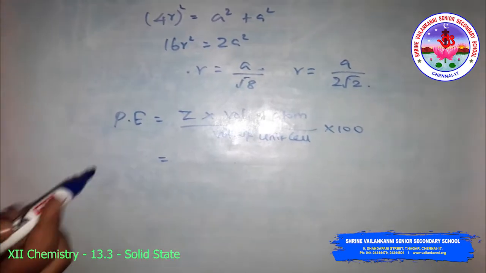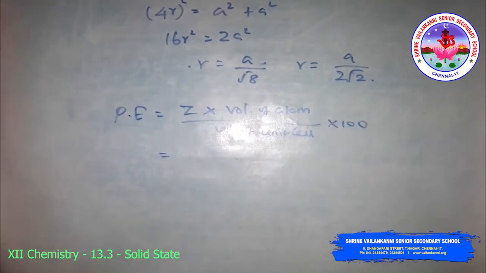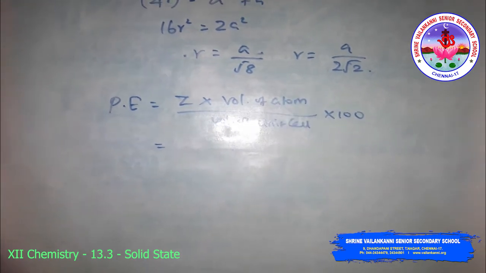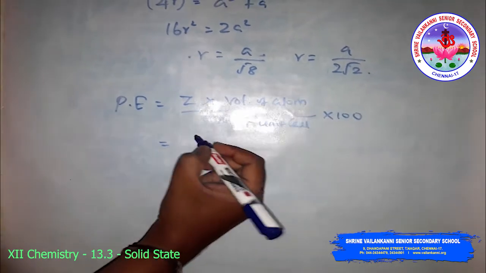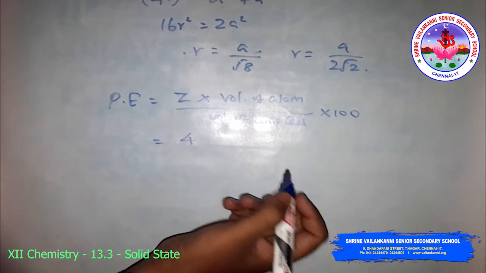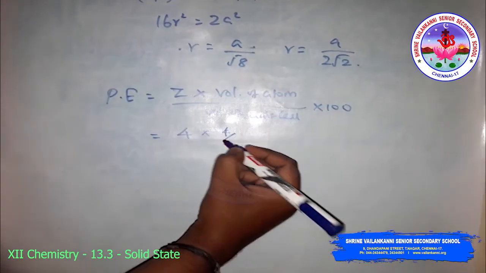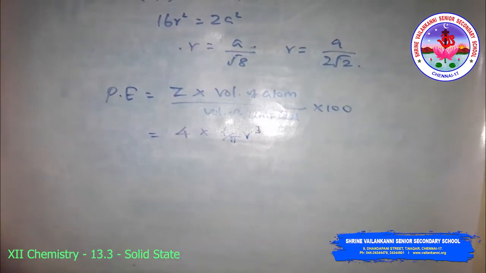For FCC, the total number of atoms is 4. Then volume of atom is what? 4 by 3 pi r cube.